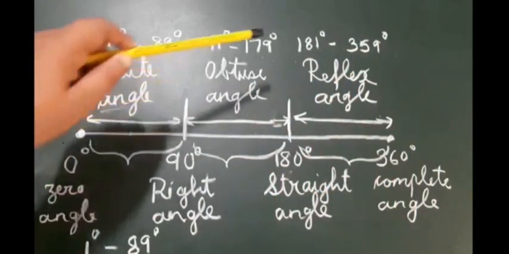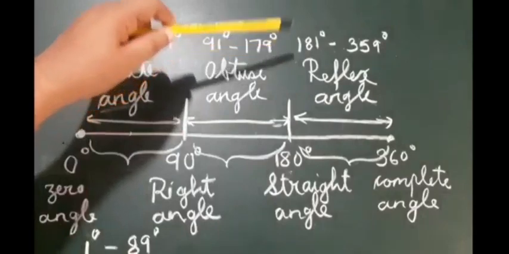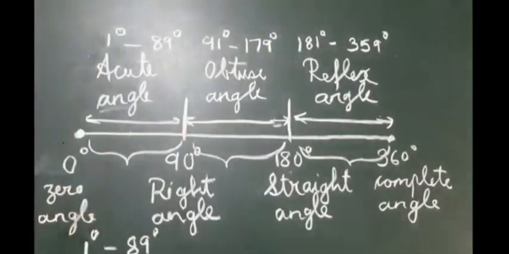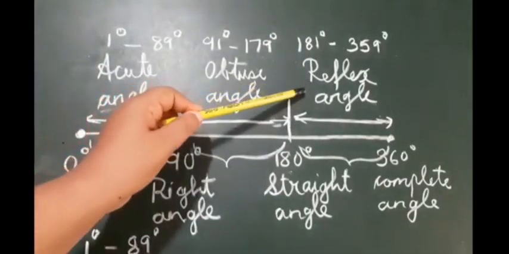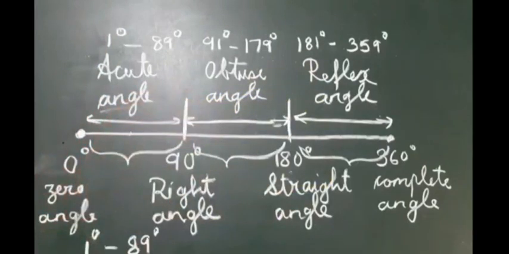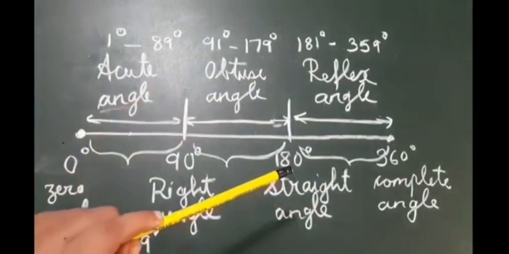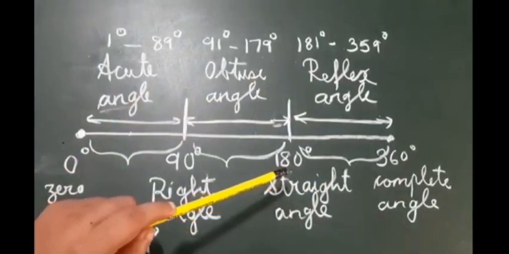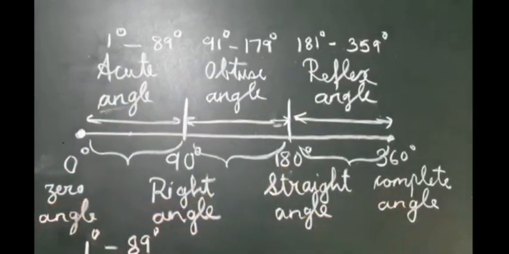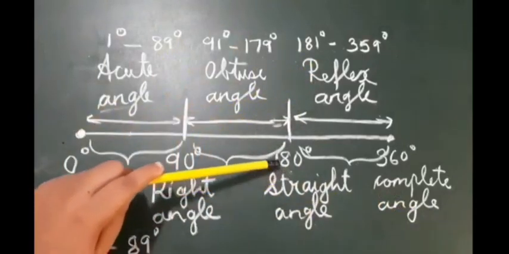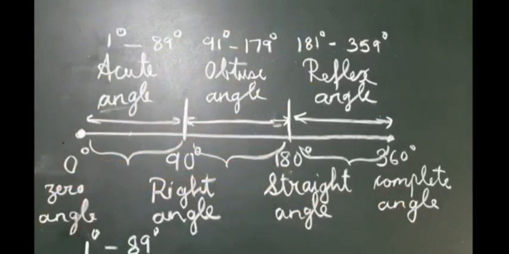So the angles of measure 180 degrees to 359 degrees are called reflex angles. The angles which have measure greater than 180 degrees and less than 360 degrees are called reflex angles. Exactly 180 degrees means straight angle.